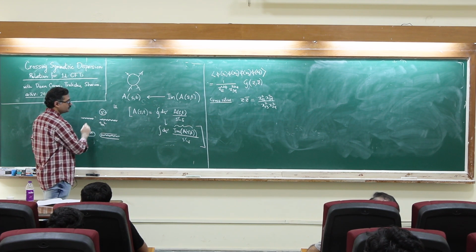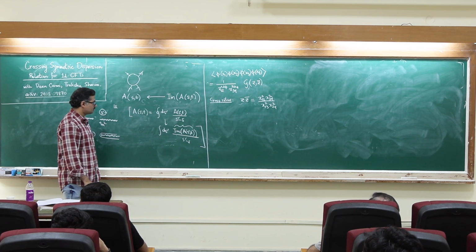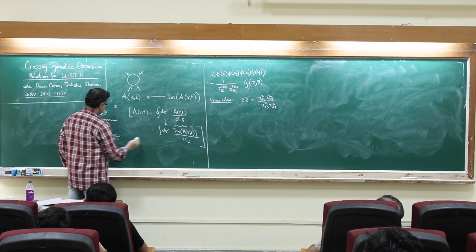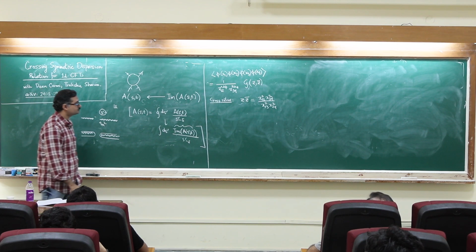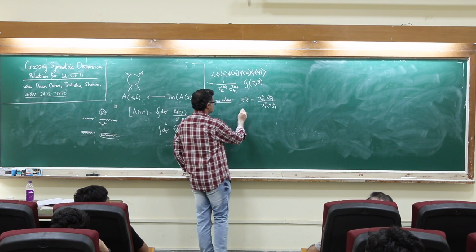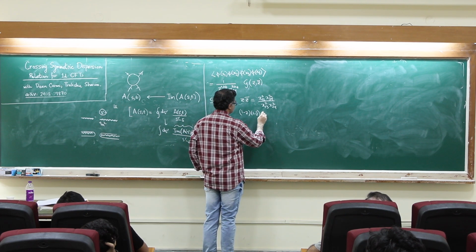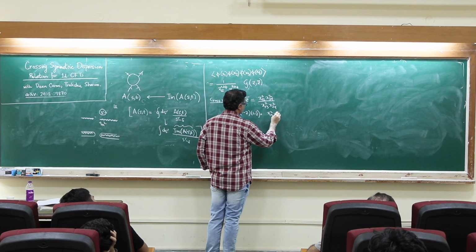For example, there could be some poles here and so on. But yeah, exactly. So basically, this imaginary part is basically this discontinuity when you wrap around this branch cut. Right. So the z and z bar are defined in this way.